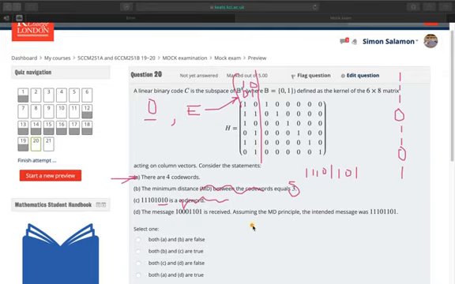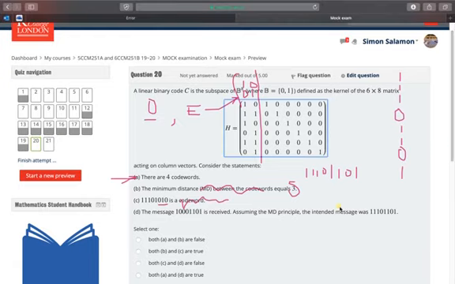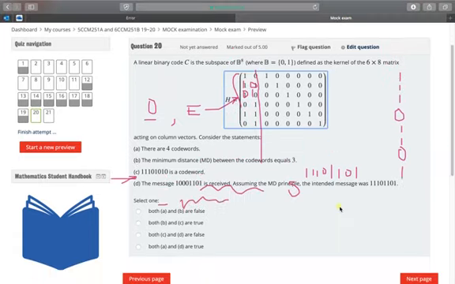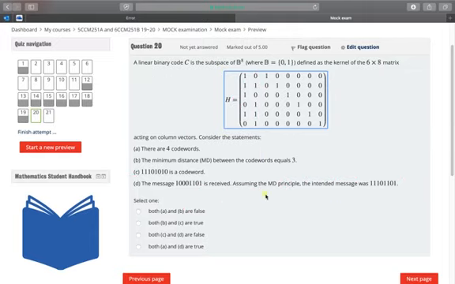Now, let's see where we are. If we're lucky, we don't have to do any more work. No, that was a bad idea, but maybe I'll remember what the answers were. So A and B are both false. So we know A is true. B is false, so this is not correct.